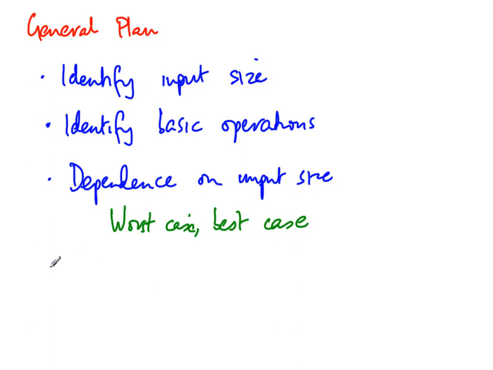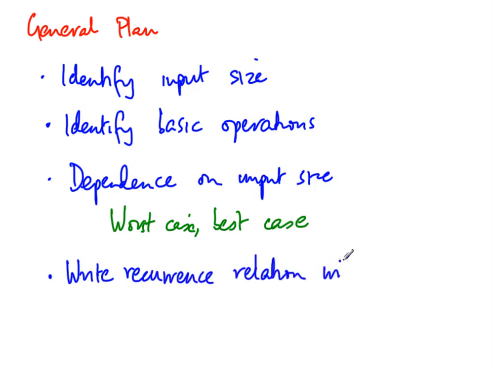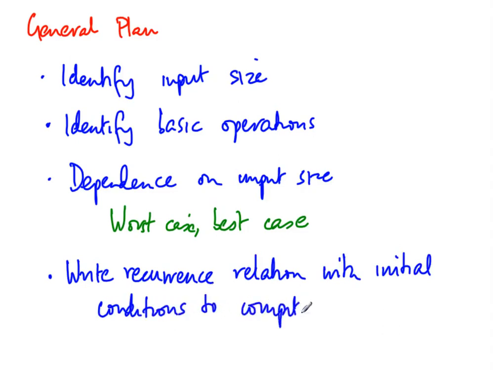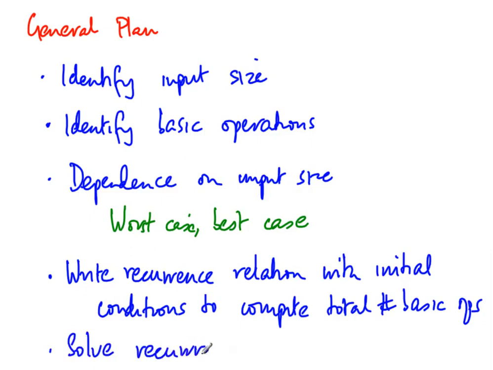Now what changes at the next step is that instead of writing a summation, you write a recurrence relation with initial conditions to compute the total number of basic operations. And then of course the hard step, which is to solve the recurrence, for which we use the backward substitution method. You basically expand the recurrence and look for a pattern.